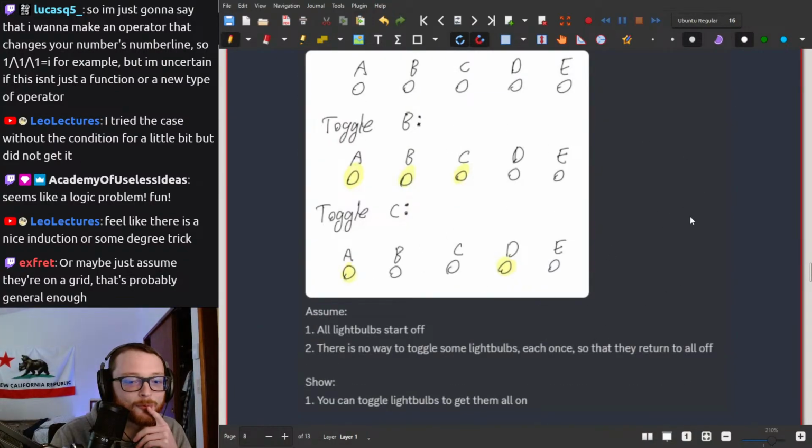This is maybe a simpler way of stating the problem too. There's a nice induction trick if you want to remove the assumption. You just assume they're on a grid. That's probably general enough. Okay.